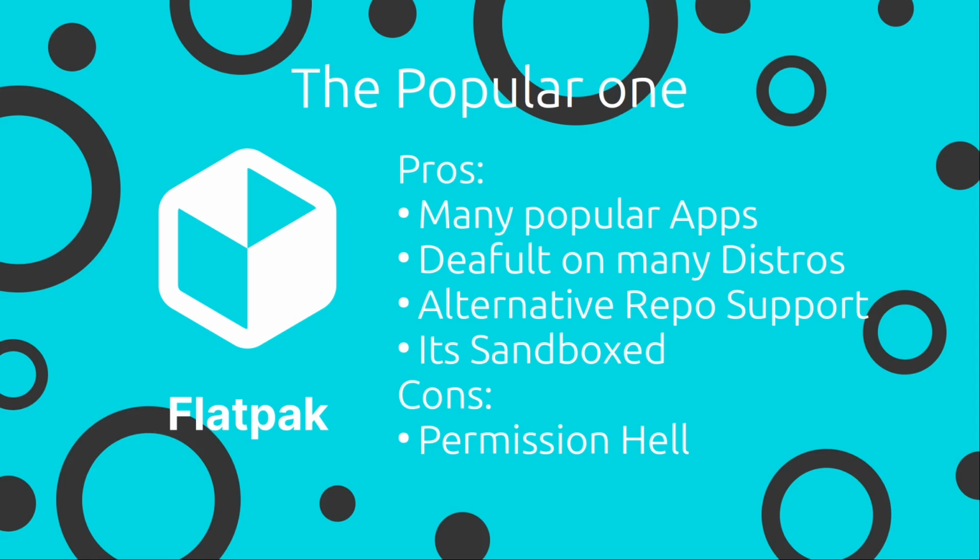The cons are permission hell, coming from the fact that it's sandboxed. Permission hell basically means that a lot of stuff becomes an issue and sometimes it can cause many problems. You can't get drag and drop support, oh, the madness. There are some fixes: applications like Flatseal help you fix these things.